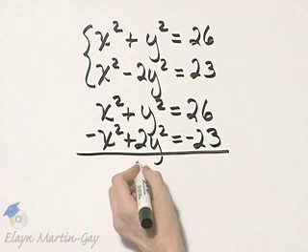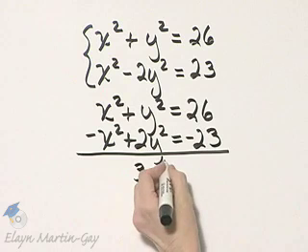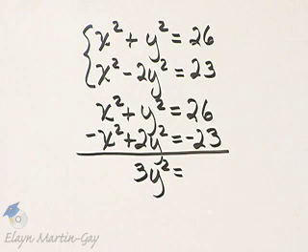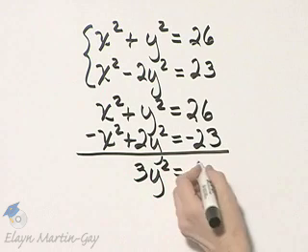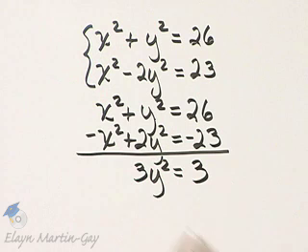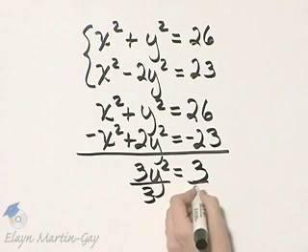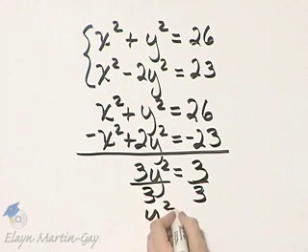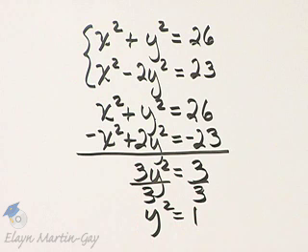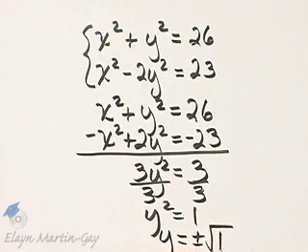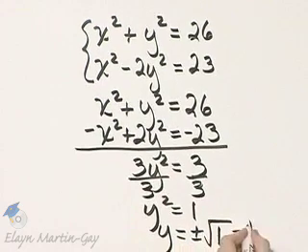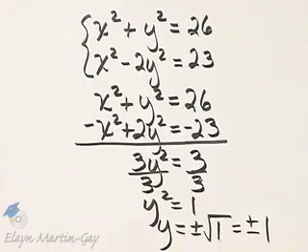y squared plus 2y squared is 3y squared, and 26 minus 23 is 3. To solve, let's divide both sides by 3, and we'll have y squared is 1. Then do not forget how to solve this. If y squared is 1, y is plus or minus the square root of 1, which is plus or minus 1.